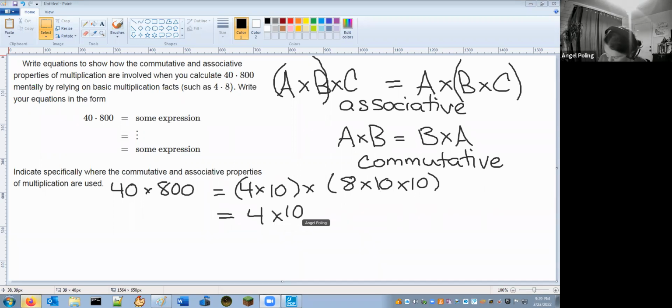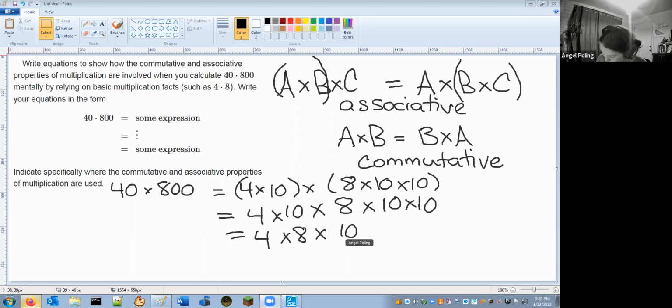So I'm going to, wait a second, and now move these two so that here in this next equal sign, I've used the commutative property.